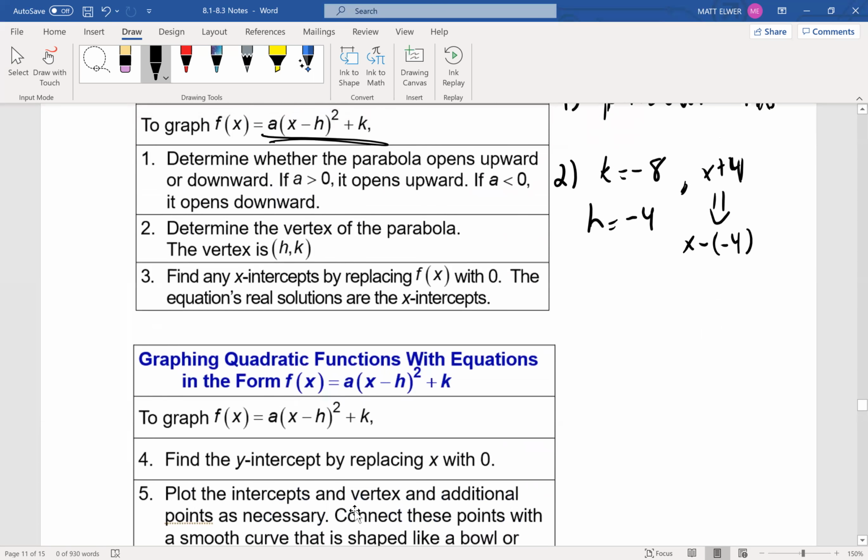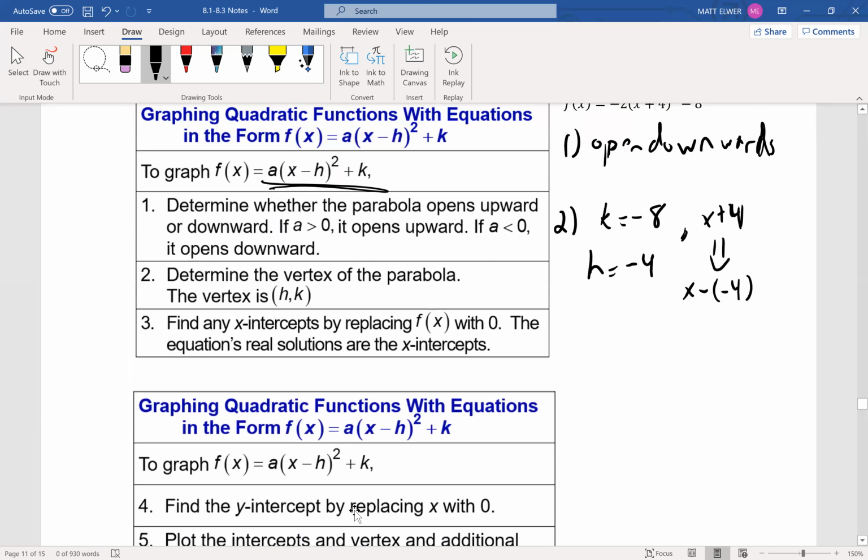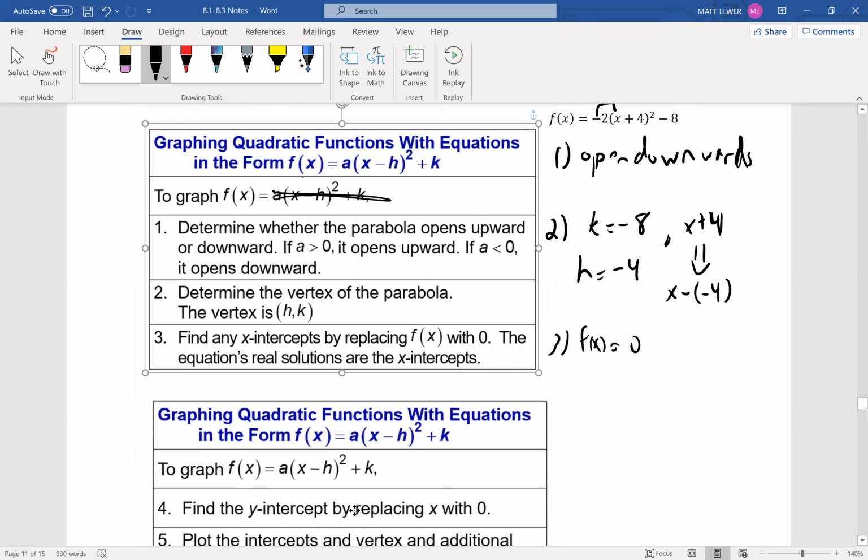Okay, now that I've done that, we need to find where our x-intercepts are. To find our x-intercepts, we replace f of x with 0. So for our step 3, we're saying f of x is equal to 0. I'll zoom out just for a little bit.